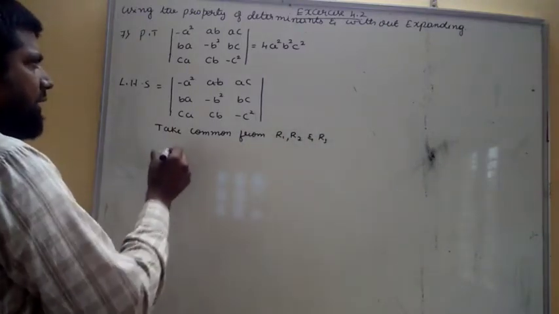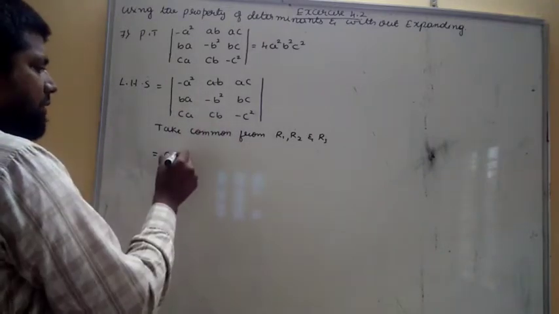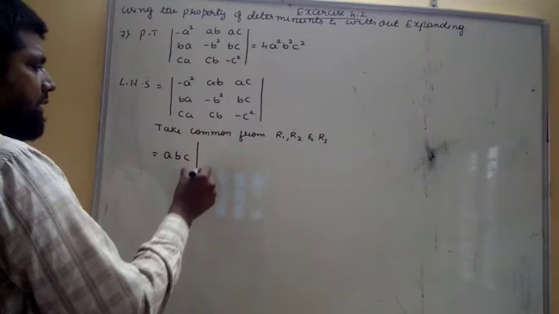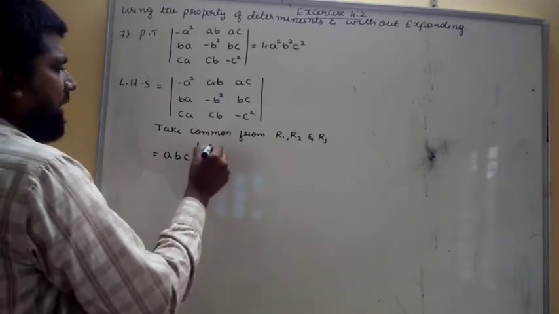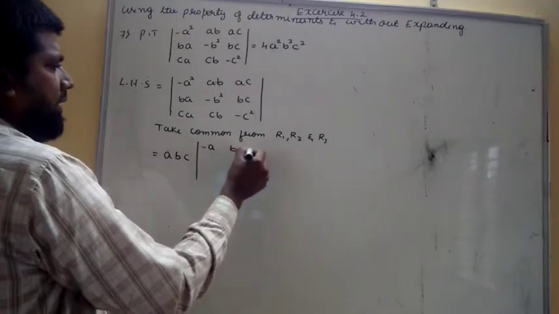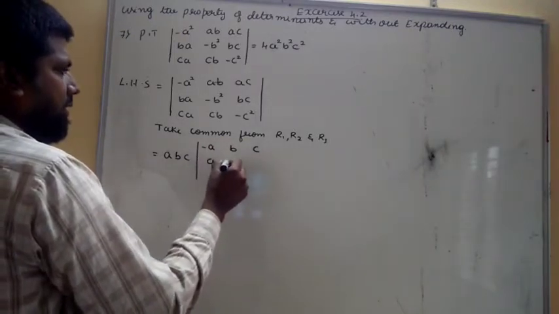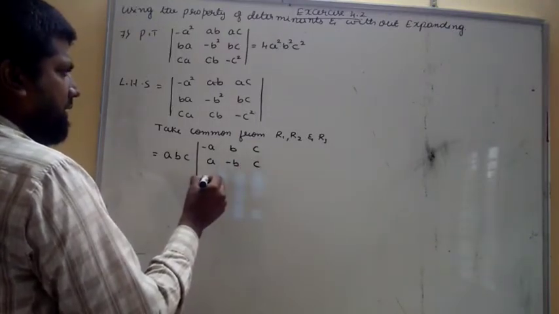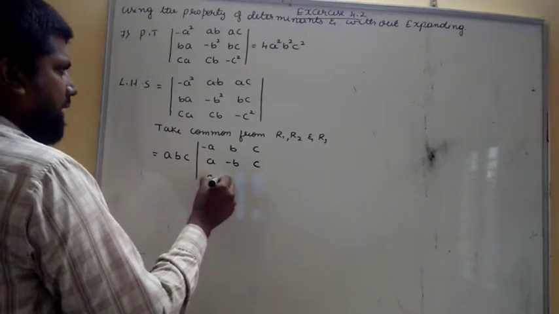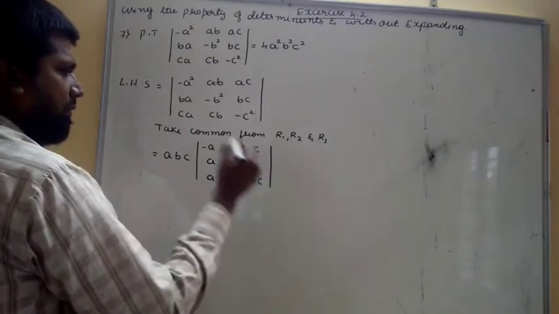If you remove common A in the first row, B in the second row, then C, we get ABC times the determinant: minus A, B, C in the first row. Then in the second row A, minus B, C. Then in the third row A, B, minus C.